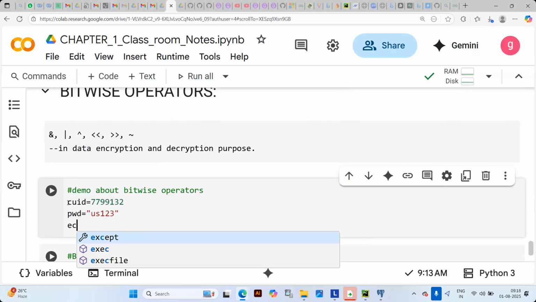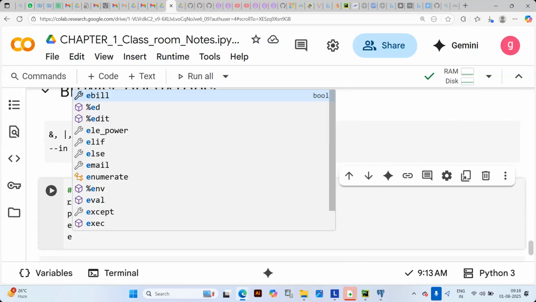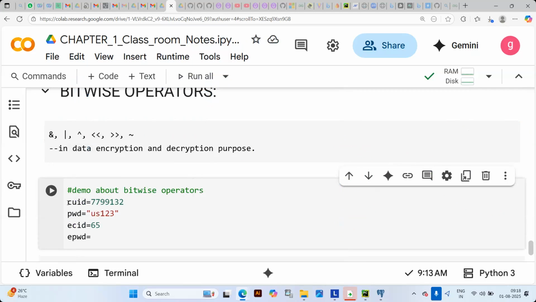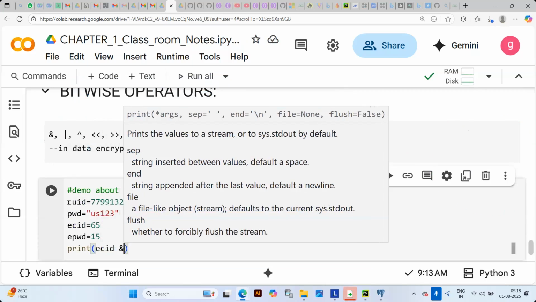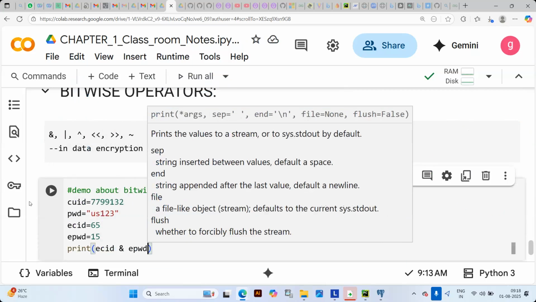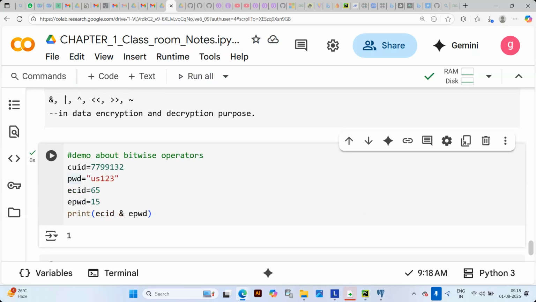The encrypted customer ID is going to be 65, and the encrypted password at the client is 15. If you perform the encrypted customer ID bitwise AND encrypted password, you will get a result of 1 going through the network. You see the output?